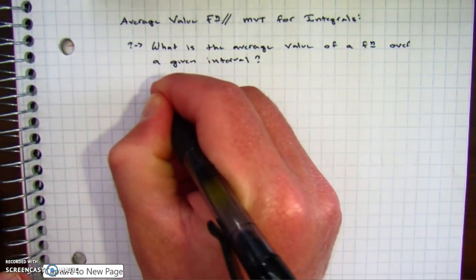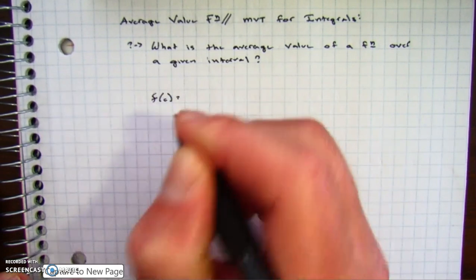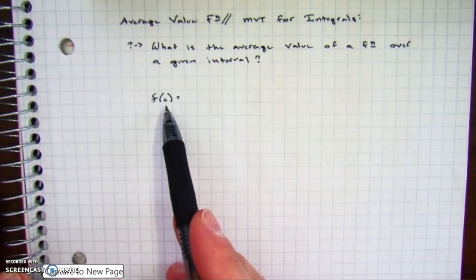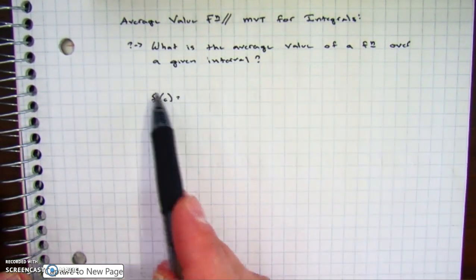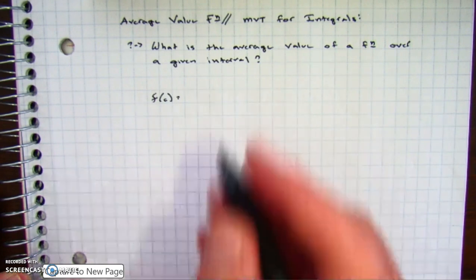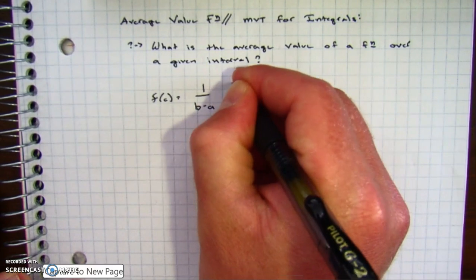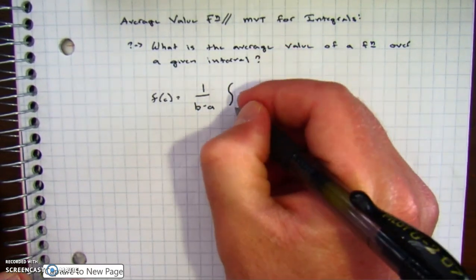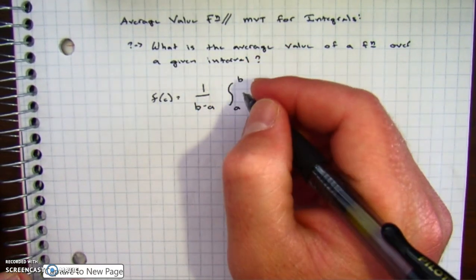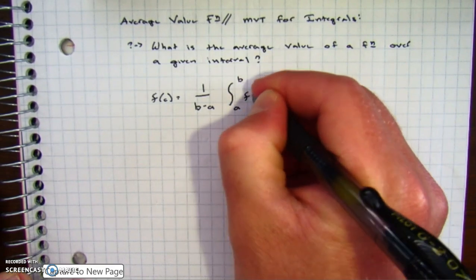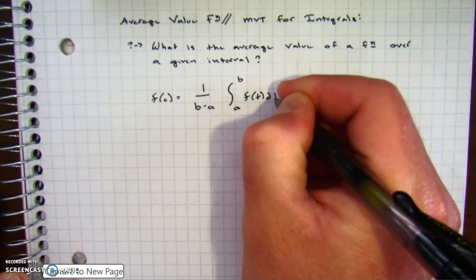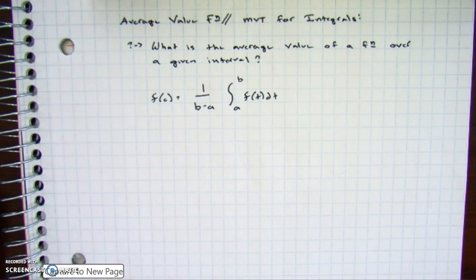First off, we have some constant, so it's just a straight line on a graph, and that is 1 over b minus a times the integral from a to b of f of t dt. So let's take a look at this in action.